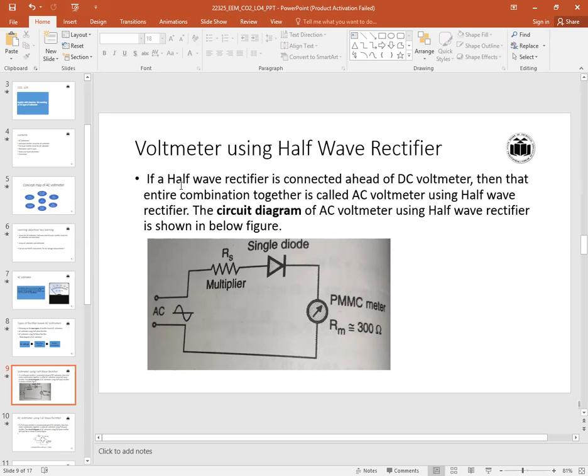If half wave rectifier is connected ahead of the DC voltmeter, then that entire combination together is called as the AC voltmeter using half wave rectifier. So here we can see a multiplier is used, diodes are used, and the PMMC meter can measure the voltage.